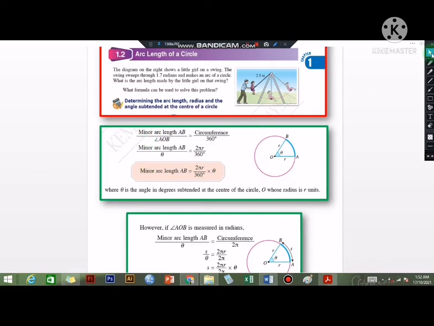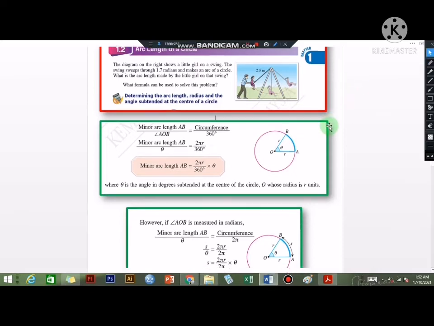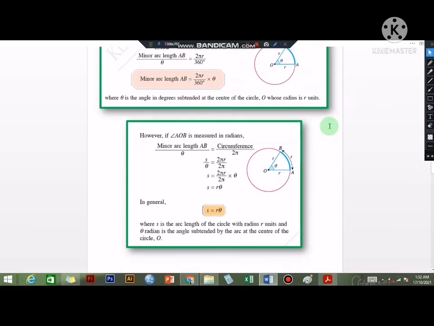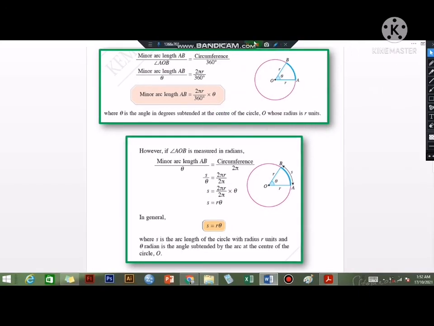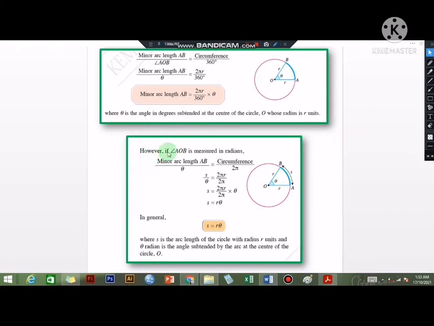Now let's look at the version for this chapter. However, here angle AOB is measured in radians. When the angle is in the unit of radian, the formula is just the same.